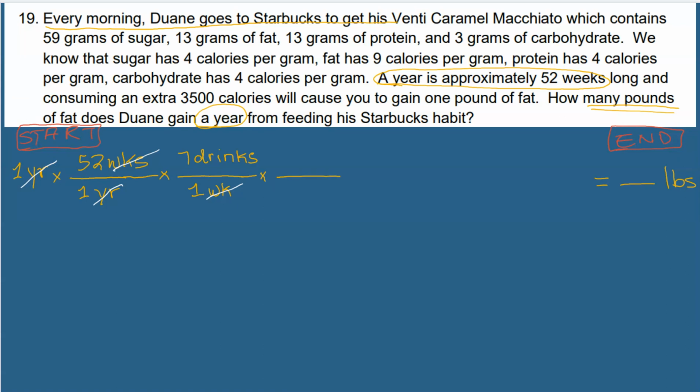The drinks contain 59 grams of sugar, 13 grams of fat, 13 grams of protein, and 3 grams of carbohydrate, all of which is going to contribute to that weight gain, right? We know that sugar has 4 calories per gram and fat has 9 calories.